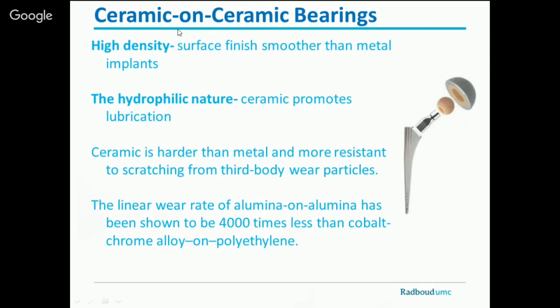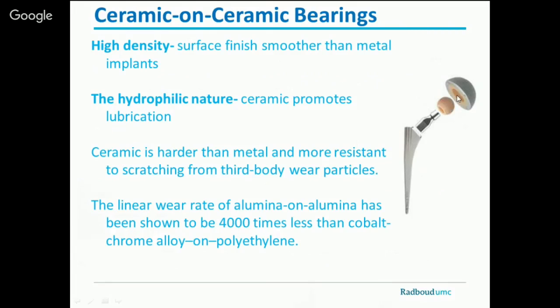Okay, what about ceramic on ceramic? You can see here a ceramic ball articulating in a ceramic cup. And the cup is embedded in a metal backing, and the metal is provided with a rough surface. So there is an ingrowth surface, and there is ceramic on ceramic articulation. These implants are usually quite expensive because they need to be made very accurately.